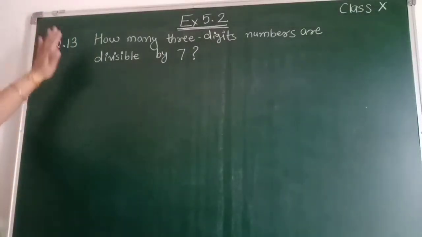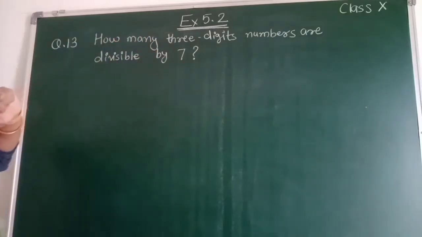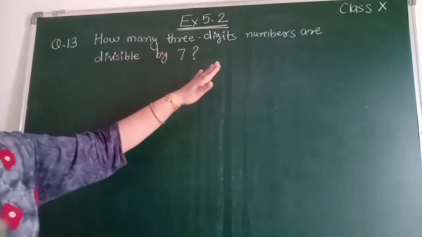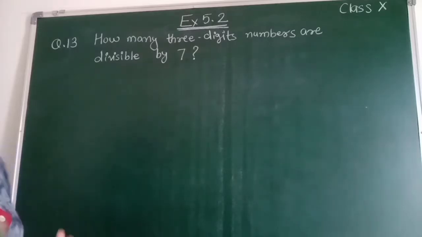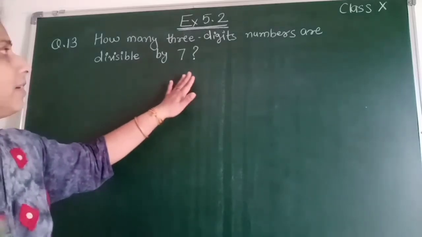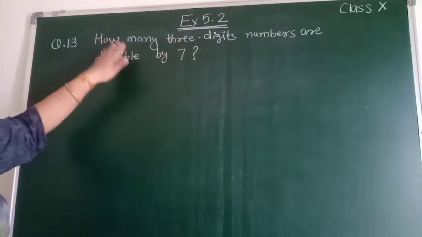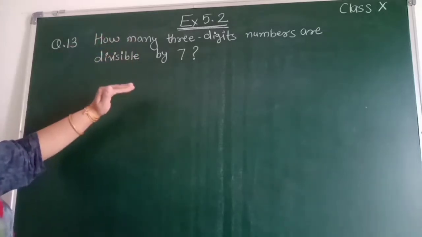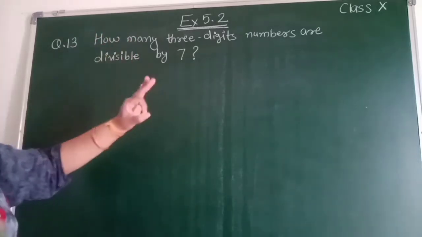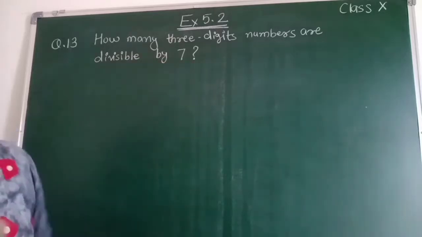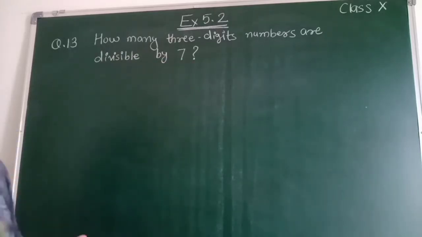Question number 13 is, how many 3 digit numbers are divisible by 7? Student, here A and B are not given, but we have to find how many 3 digit numbers are divisible by 7. So first we will find the AP.